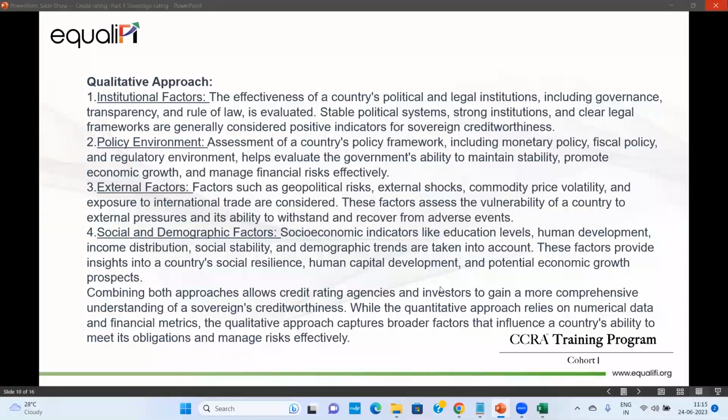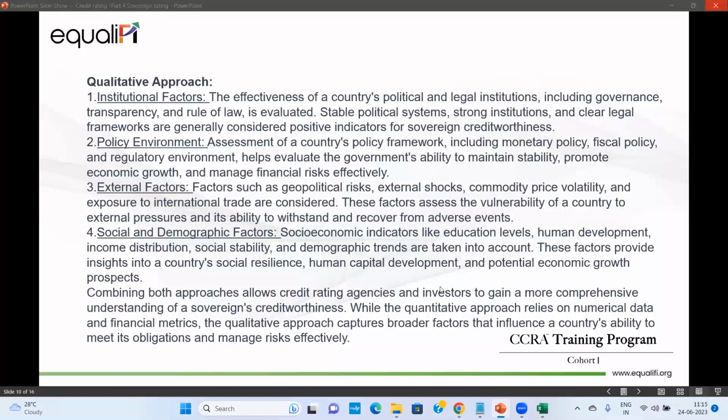Social and demographic factors are important, like education levels. When you talk about a country like Kenya or a country like Syria, the education level, human development, sanitation, and social stability are quite low compared to countries which are quite developed, right?